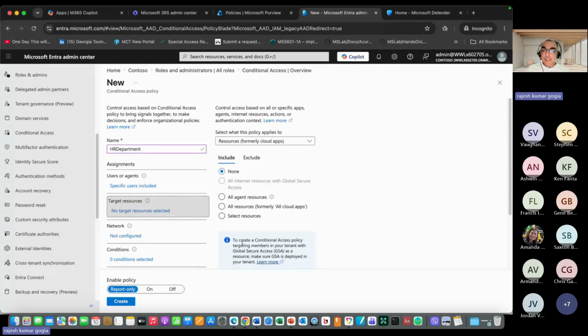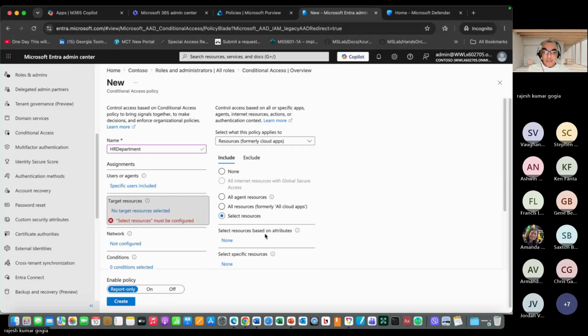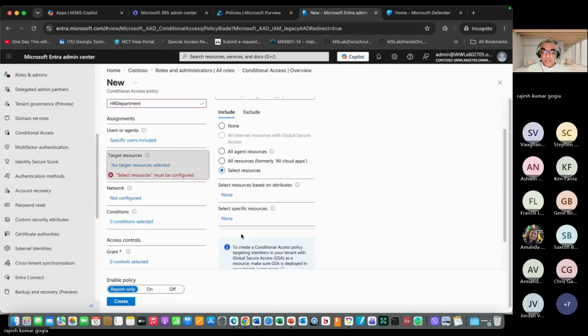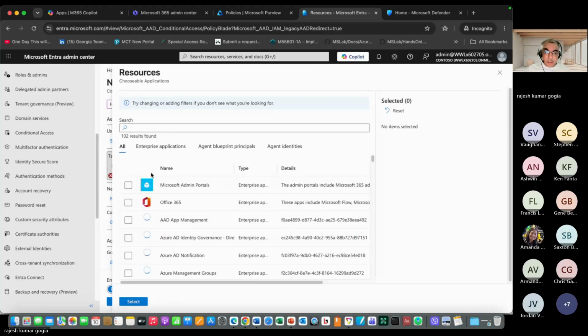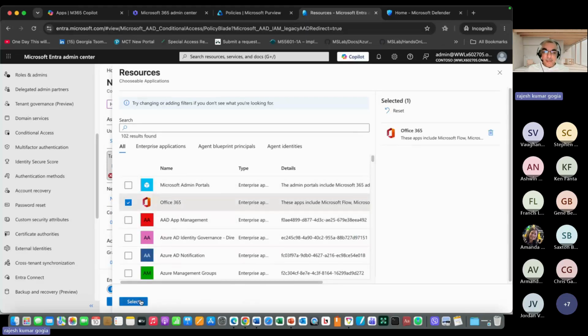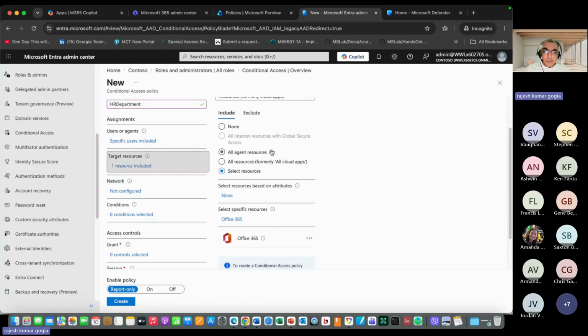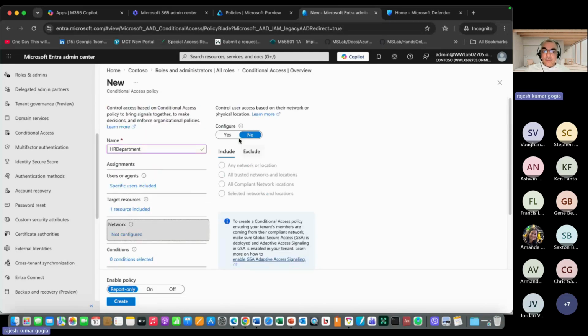Target means what application they are going to access, which resources. Let's say selected applications. So let's say, for example, they want to access something like Office 365. I'm just giving you an example, all right? So you're defining the conditions, you're defining the signals, all right? And network, from which IP, from which location. I say, okay, they can connect from any network location.